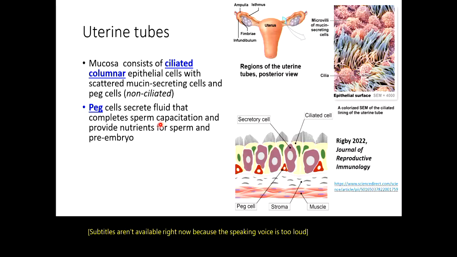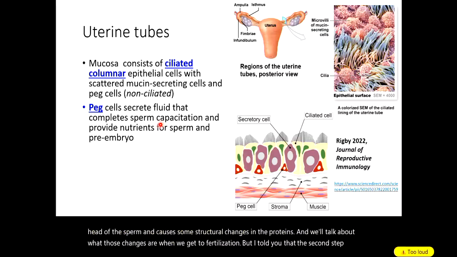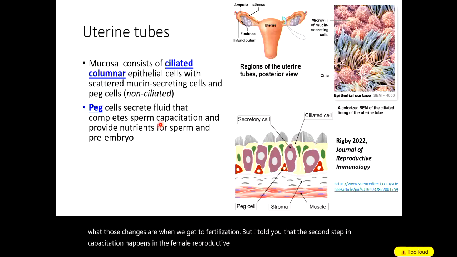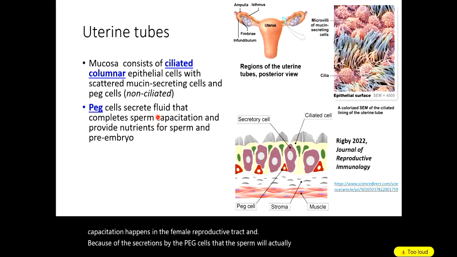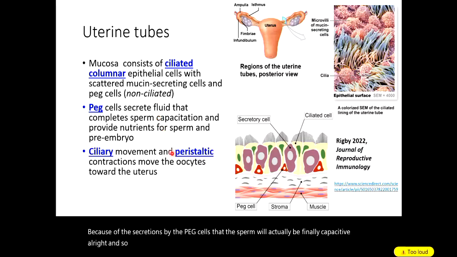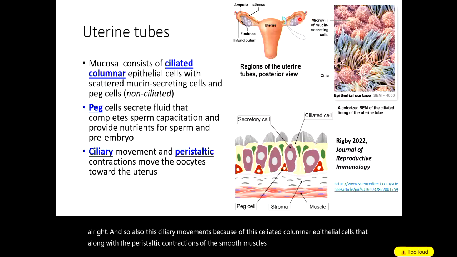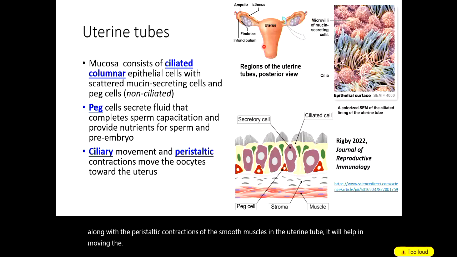But I told you that the second step in capacitation happens in the female reproductive tract, and it's because of the secretions by the PEG cells that the sperm will actually be finally capacitated. All right, and so also these ciliary movements because of these ciliated columnar epithelial cells, along with the peristaltic contractions of the smooth muscles in the uterine tube, will help in moving the oocytes all the way to the uterus.